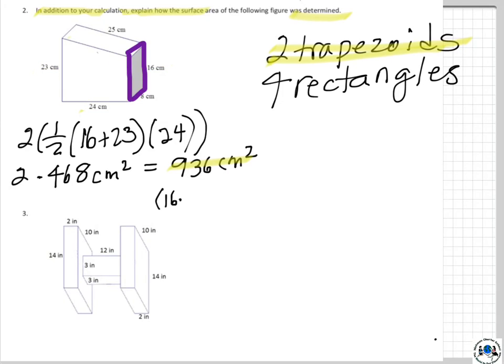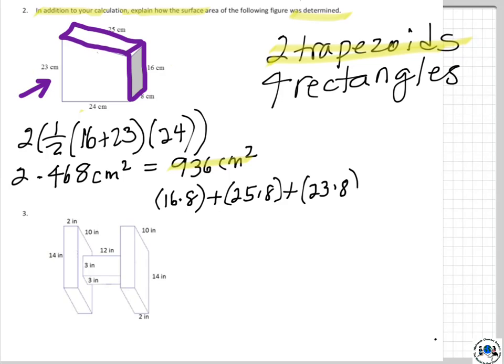Now we're going to look at these rectangles one at a time, because they're all different dimensions. We have a 16 by 8 rectangle, a 25 by 8 rectangle, a 23 by 8 rectangle in the back, and a 24 by 8 rectangle underneath.